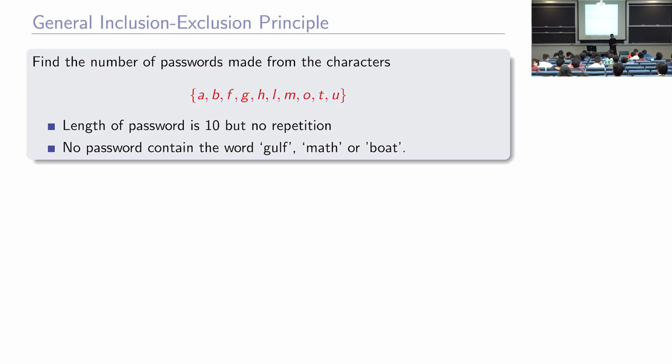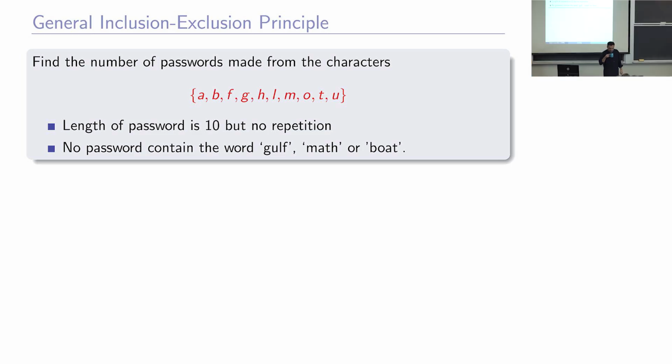There are restrictions. Because there is no repetition, I'm just going to get an order of these things. The restriction is that the password cannot contain the word gulf, G-U-L-F, the word math, and the word boat. So these 4 characters cannot appear in this order consecutively. Does it make sense?